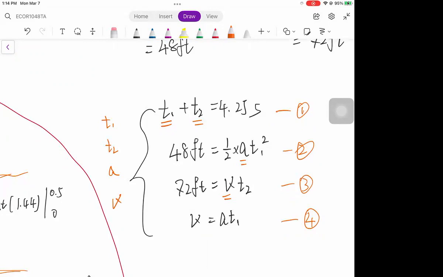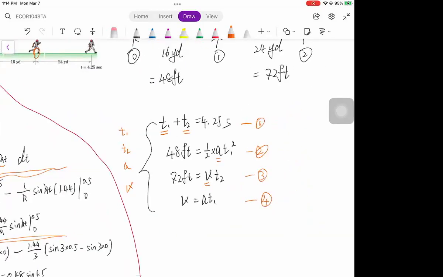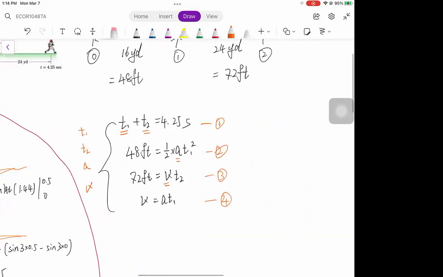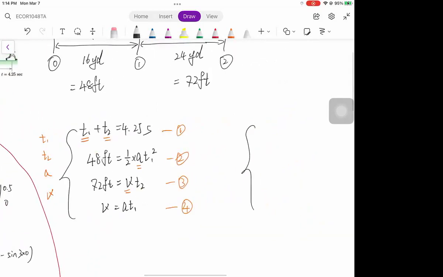So we have four equations and four unknowns. That means this set of equations is solvable. So it's purely math. And if you solve everything, the answer is just from solving these formulas.